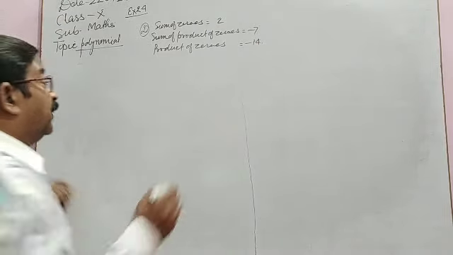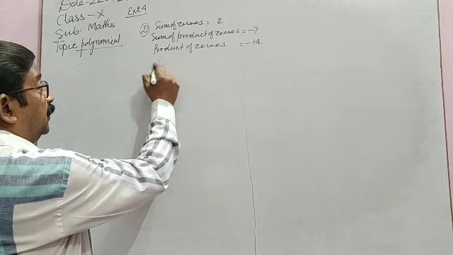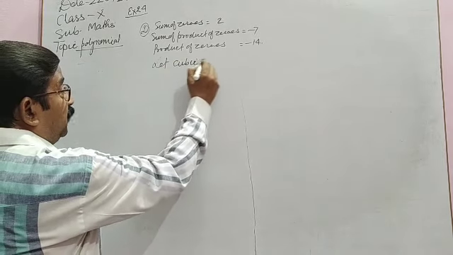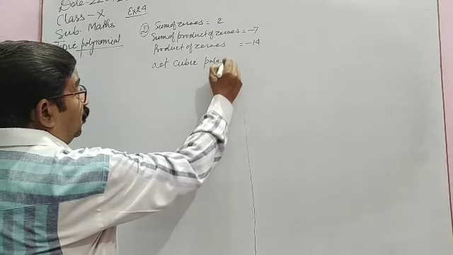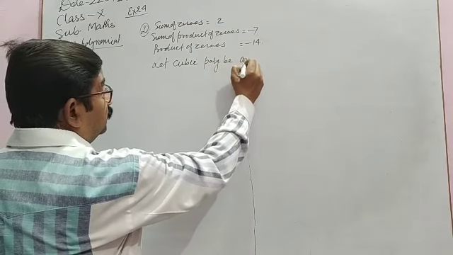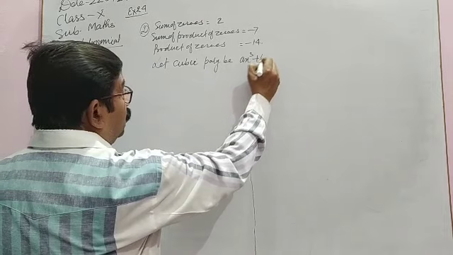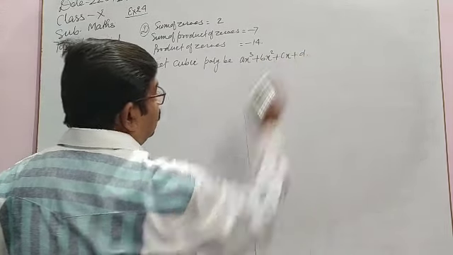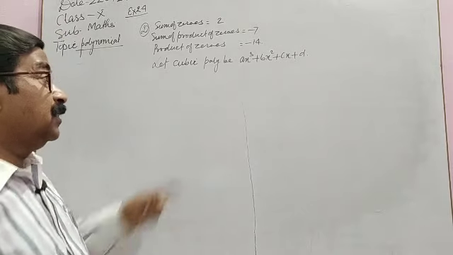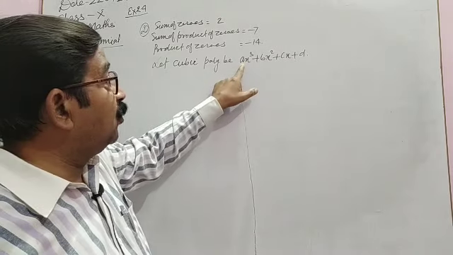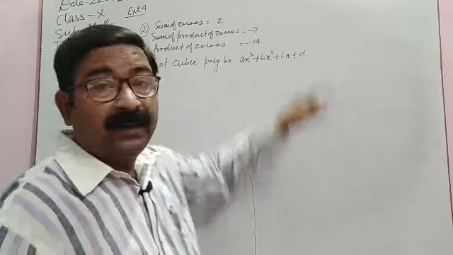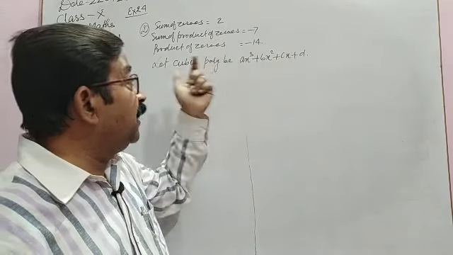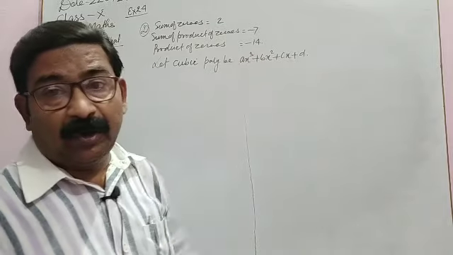So let's see how to find it. Let the cubic polynomial be ax cube plus bx square plus cx plus d. We have to find the values of a, b, c and d, and after finding them we put them in this to get the polynomial.